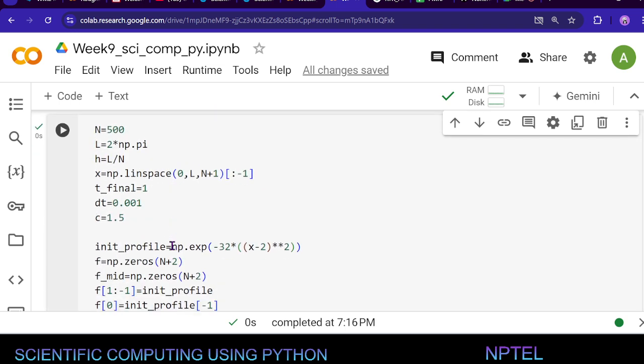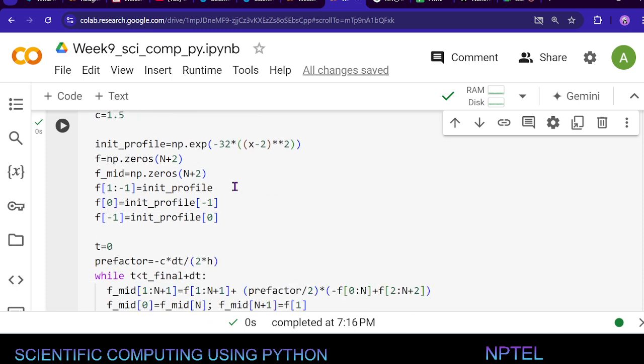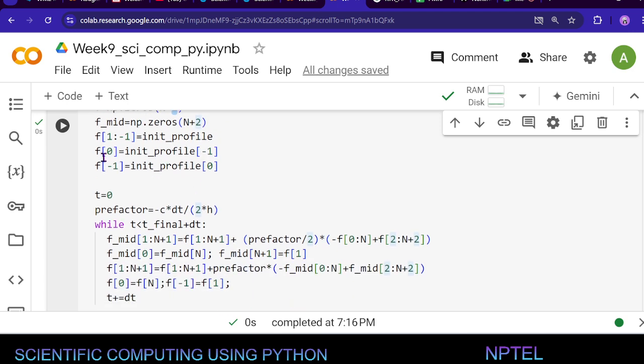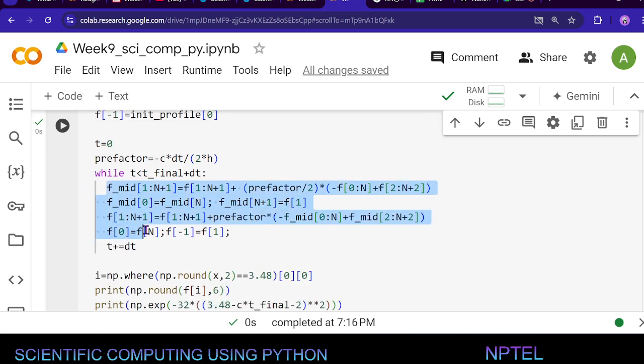Okay, so just to revise, first we write all the parameters, define the x as linspace from 0 to L, and then give the initial profile. Then we write down the function, so the array of function initially, right? And we add two extra ghost points. Then we define another array, which is fmid because we are doing RK2. Okay, and then we respect the boundary conditions, then do the RK2.